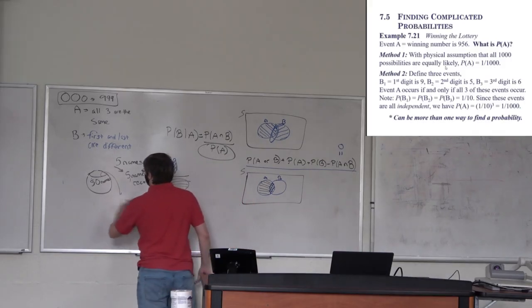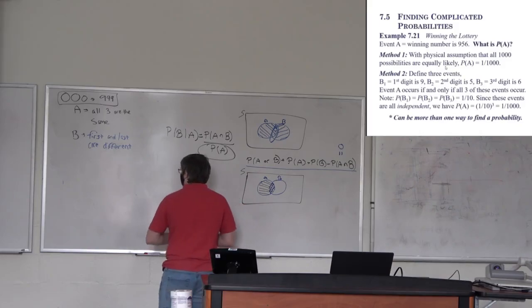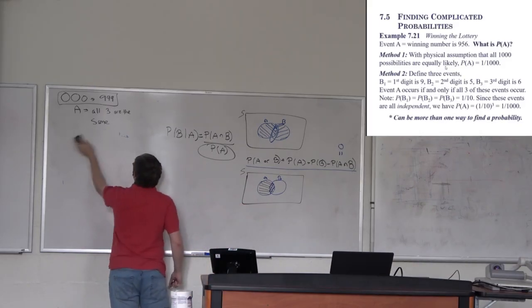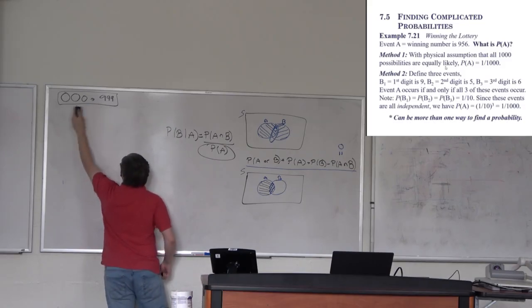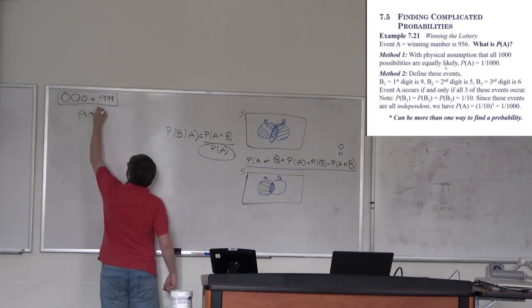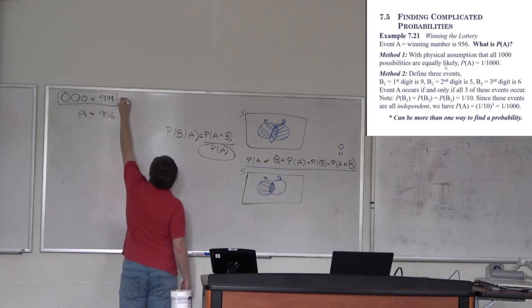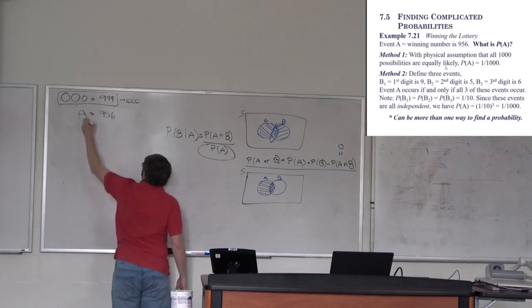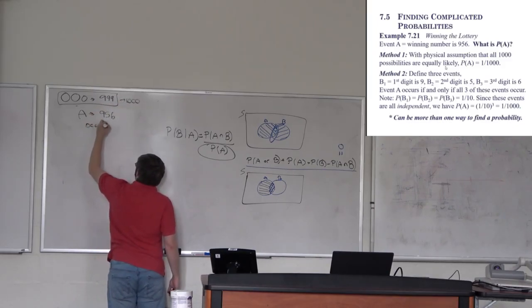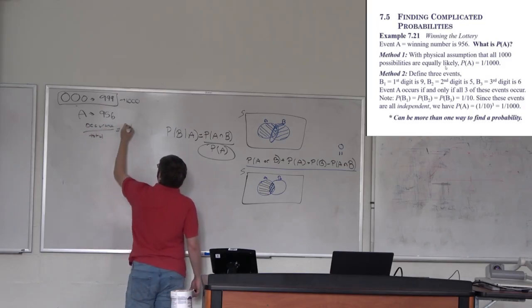And this can help you think about other problems too. So event A is that it's 956. Since there are 1,000 outcomes, it's just occurrence out of total, which is 1 out of 1,000.